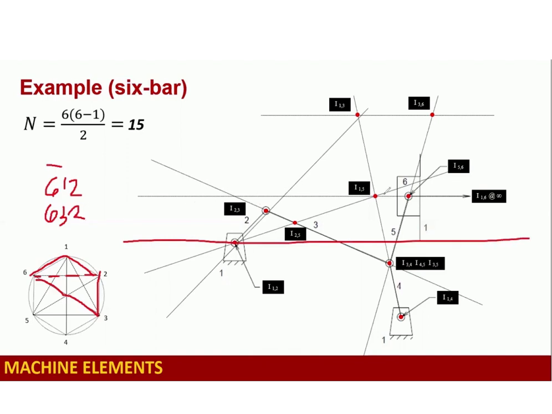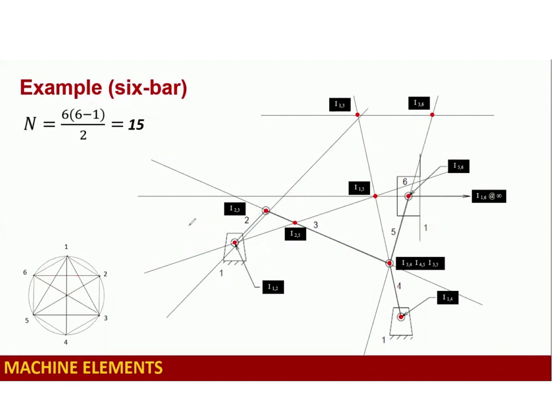And since this is an infinite line, then we have 6, 3 or 3, 6, and 2, 3. So 2, 3 here, and then we have 3, 6 here. So just connect these two points. Somewhere here is our instantaneous center 2, 6. So we have 15 instantaneous centers.